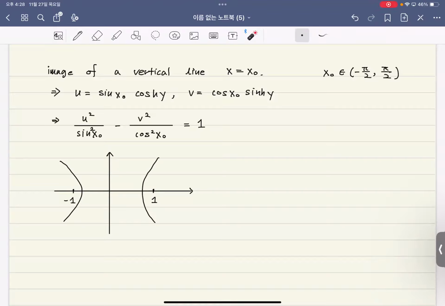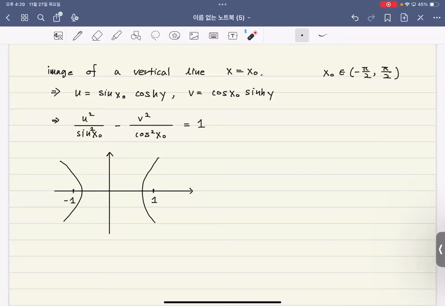Okay, and if x0 moves in this interval, and in particular if x0 equals 0, then this guy is 0 and this is 1. So in this case, the image should be just a line on the y-axis, right?